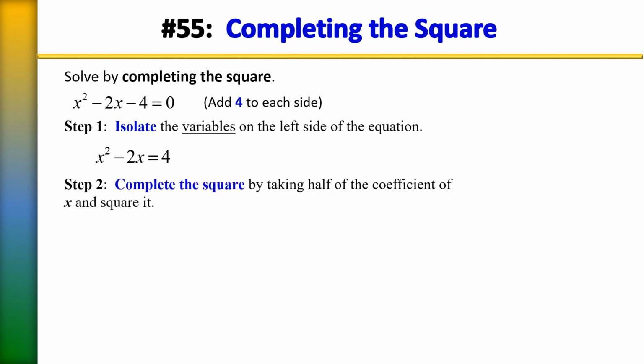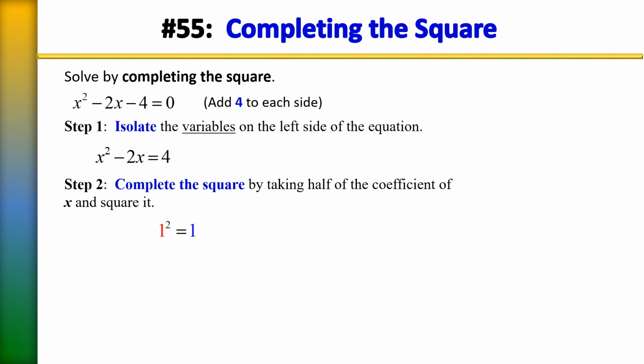So half of 2 is 1, and 1 squared still equals 1. So that means we're going to add 1 to that left side. That is what is missing to complete that trinomial. It needed that plus 1.